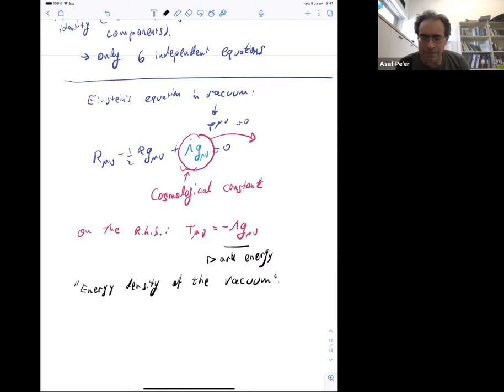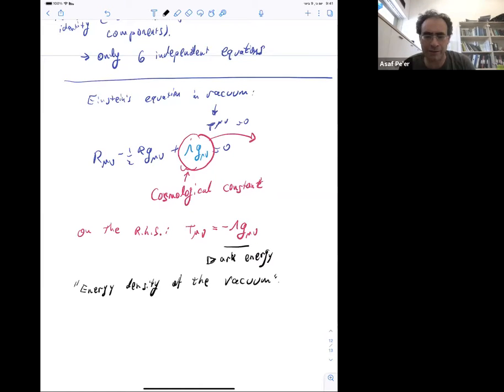But now comes the problem. When you compare the theoretical prediction of the energy density of the vacuum with the observational results for the cosmological constant, they don't match. The value that the theory predicts and the value that you're seeing do not match. Do you know how big the difference is? Do you want to guess?